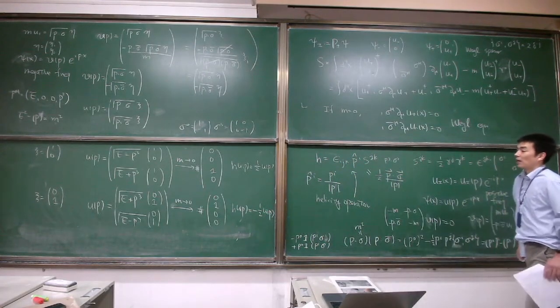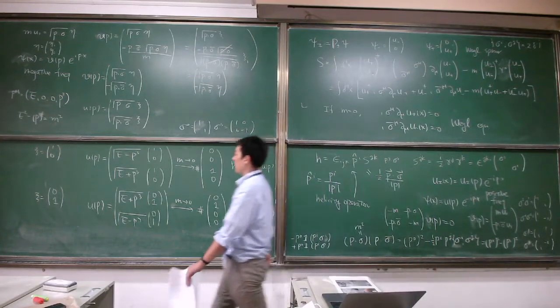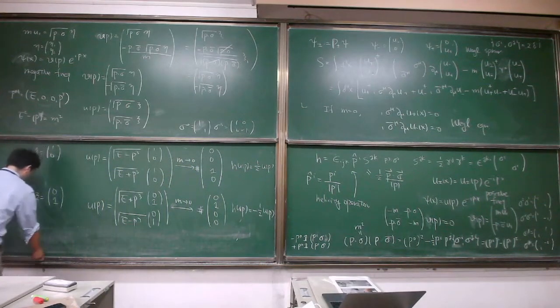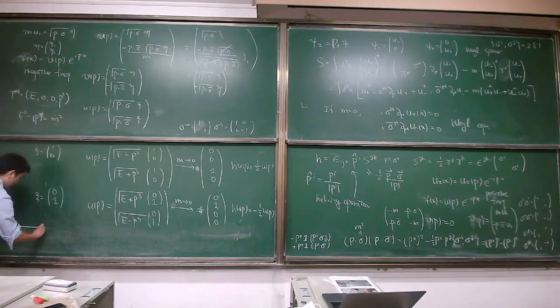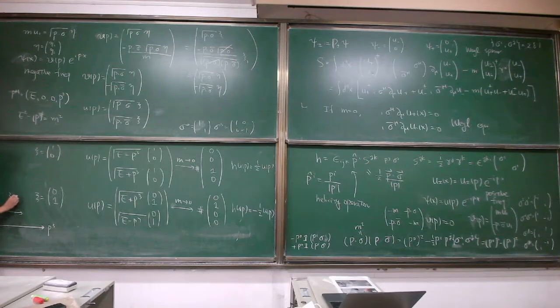So therefore, this means that in this massless case, you just go to the frame of reference of P. Let's see. This is the P3 direction. Okay. The upper component is right-handed, and so this spin up is the right chirality. Okay. So it's along the P3 direction.